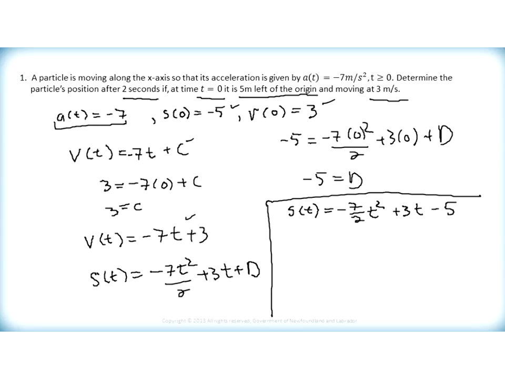So s of 2 is what we need, and that's going to be -7 over 2 times 2 squared plus 3 times 2 minus 5. Okay, so s of 2 is going to be equal to, let's kill one of those with this one. So it's -14 plus 6 minus 5. So that's -19 plus 6 is -13. So that's going to be, according to this, in meters.